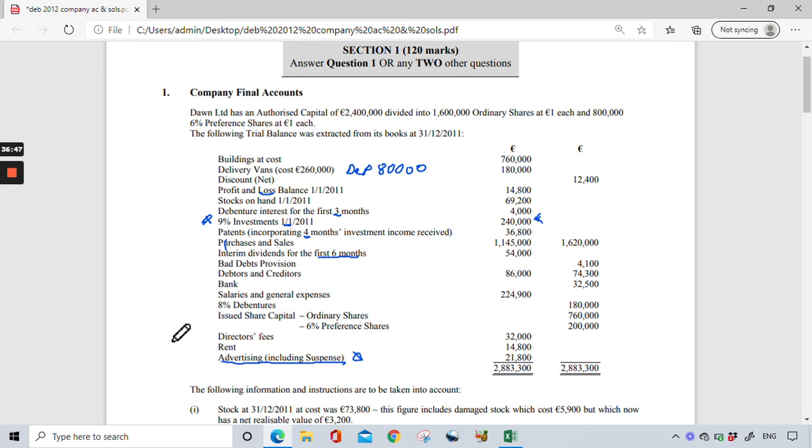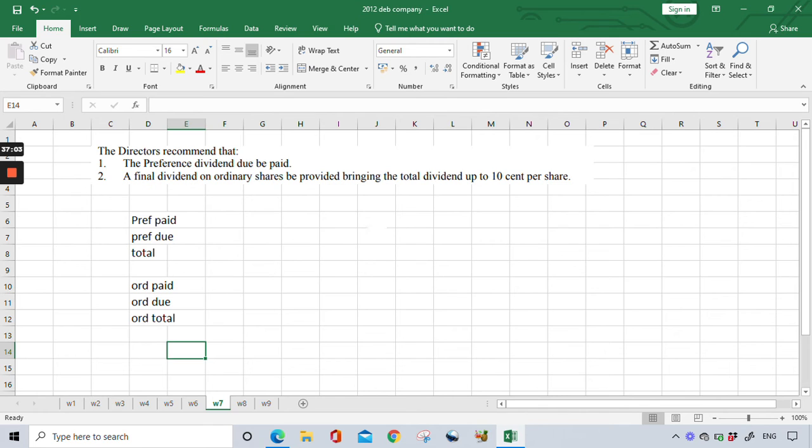So if I go back to the question, I'm dealing with this here. 6% preference shares of 200,000. Interim dividends are for 6 months, and so I'm going to deal with that. So basically, 6% of 200,000 gives me the year.